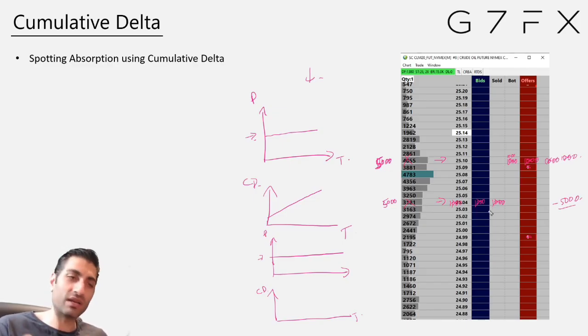So it's -1, -2, -3, -4, -5. The price is stuck, and someone is just absorbing, happy to sit there. The price isn't moving but the delta is going negative over time, because people are selling with market orders. Can you see the divergence? This is what I mean by divergence: cumulative delta divergence, which is absorption.